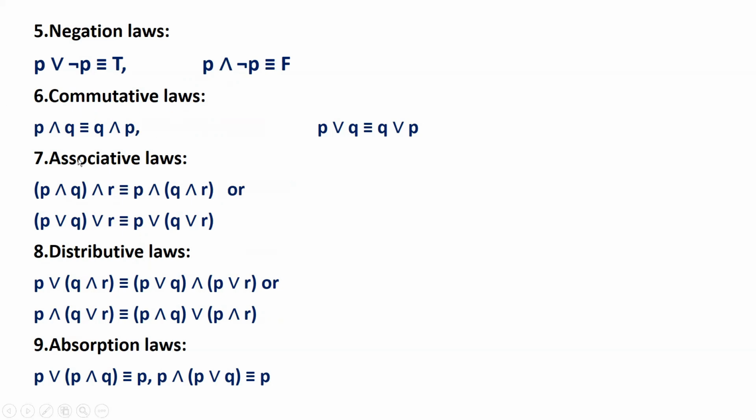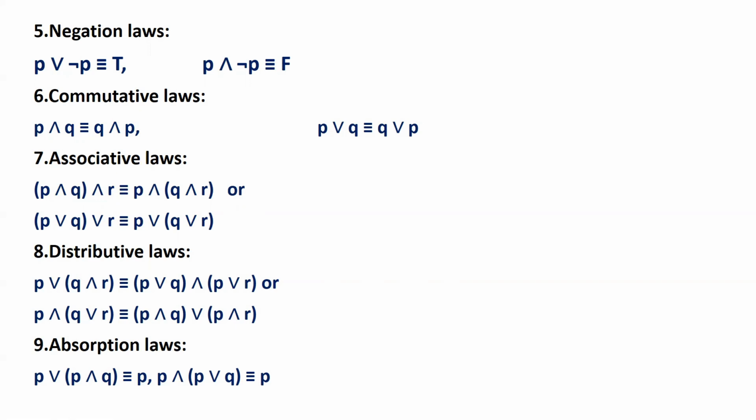Associative law. For this law, we have to take care of two things. Here we have to check whether the signs inside the bracket and outside the bracket are the same or not. That is your first thing. And the atomic propositions, all these three atomic propositions inside and outside the bracket, are different.